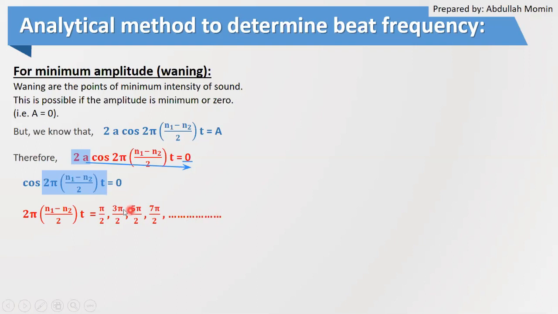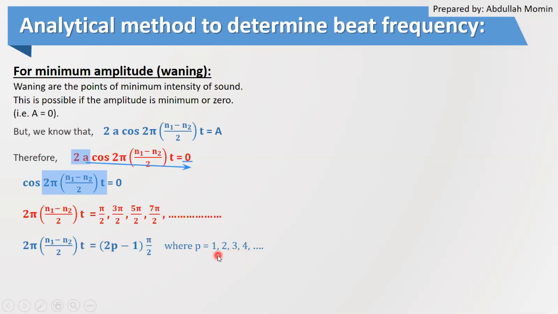So in general, the general equation of this series can be written as 2 pi (n1 minus n2) upon 2t, that is the left hand side. We will write the left hand side as it is, and on the right hand side for this series, the general equation is (2p minus 1) pi by 2, where p is 1, 2, 3 and 4.